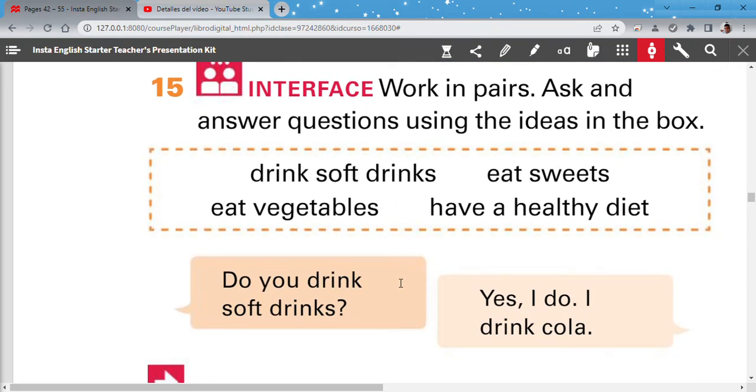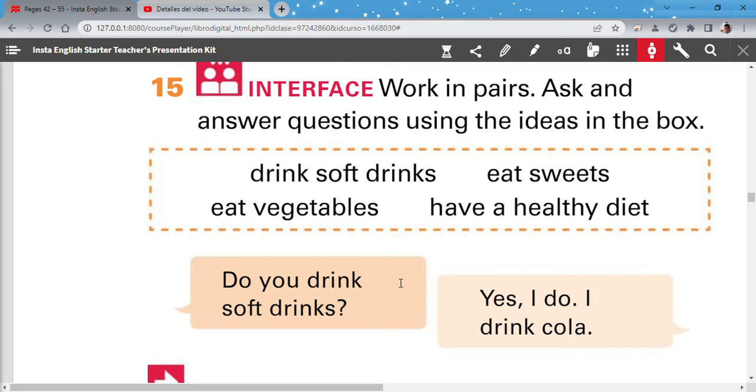Interface. Working in pairs, ask and answer questions using the ideas in the box. Drink soft drinks. Eat vegetables. Eat sweets. Have a healthy diet. So, the idea here is to start like a conversation so that you can answer.